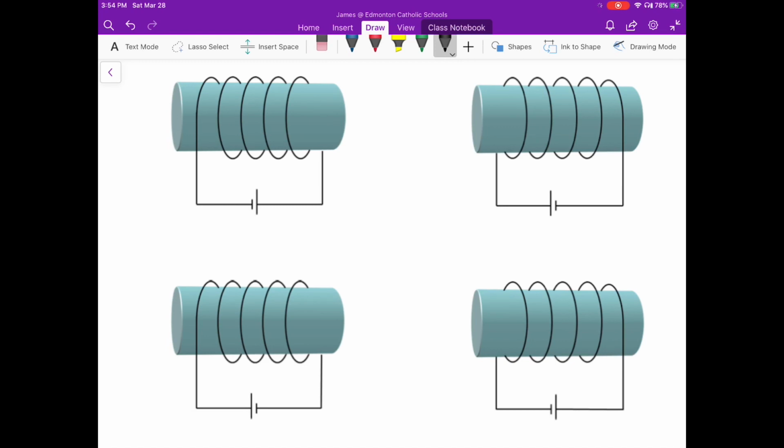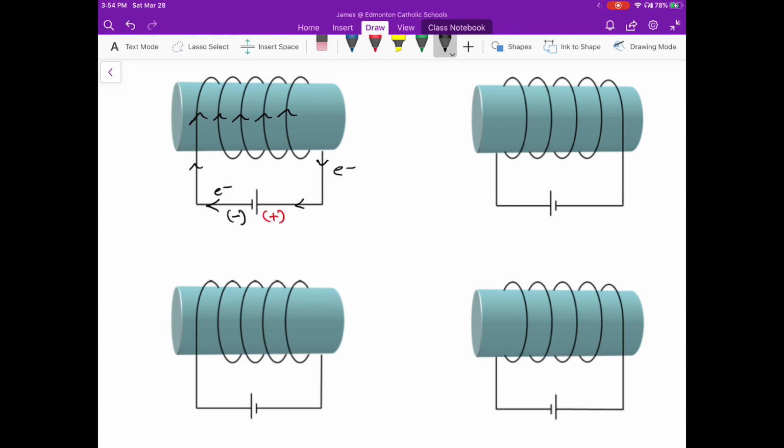The shorthand notation for batteries is that the negative terminal is the little line and the positive terminal is the big line. So the electrons would come out of the battery, be repelled by the negative, and go around the wire like this, and then towards the positive, like that.